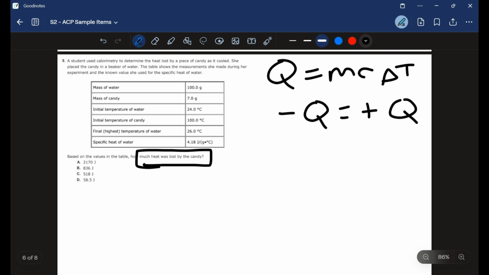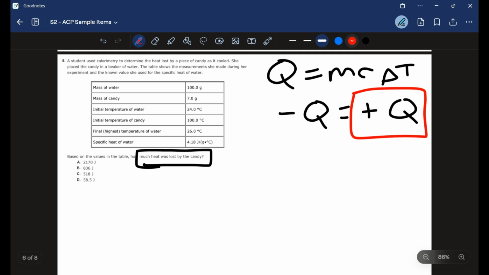So it's just asking you for negative Q. We can't calculate negative Q because we don't have a specific heat for the candy, but we do have a specific heat for the water, which means what we can do is calculate the positive Q. And we know that the positive Q is equal to the negative Q. So whatever number we get for that positive Q will be our answer for the heat that was lost by the candy, because they should be equal.